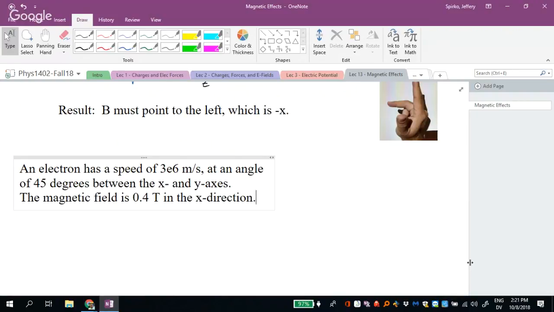So then I like to write this as a negative charge.